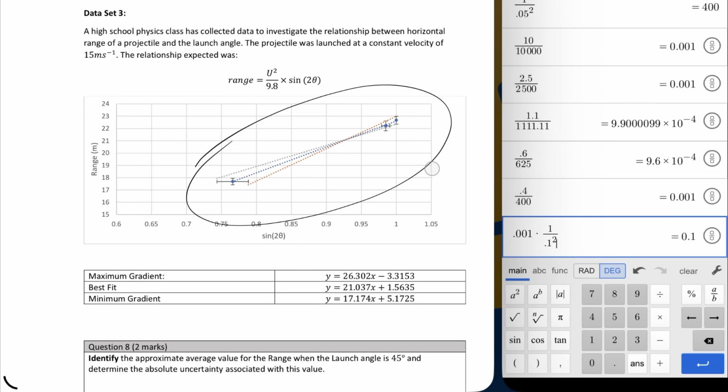The next question has asked me to organise evidence from the dataset to identify the relationship between launch angle and horizontal range, including the uncertainty of the gradient and the y-intercept.